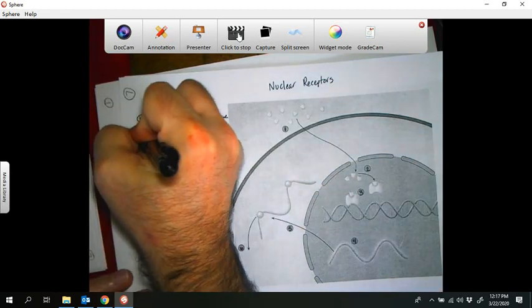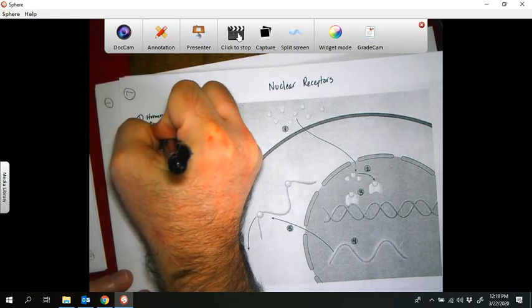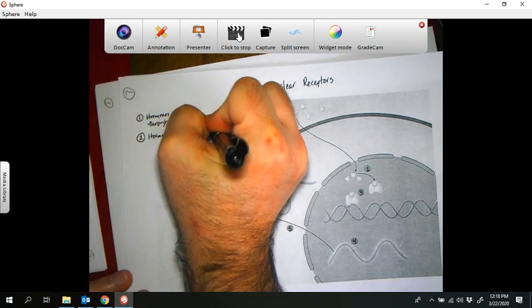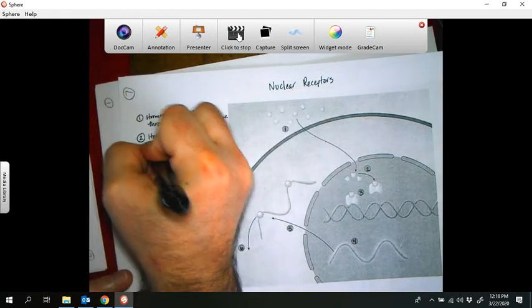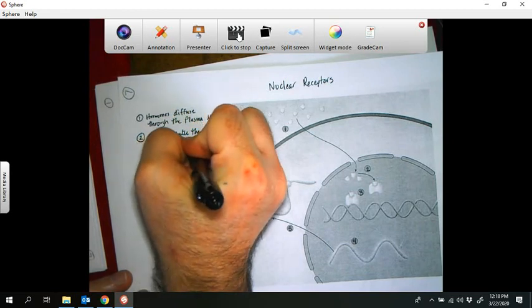So step 2, we can see that the hormones enter the nucleus and bind to nuclear receptors located in the nucleus.